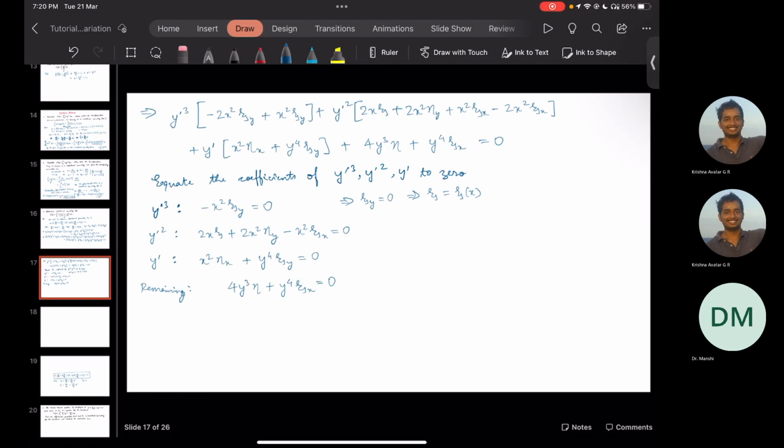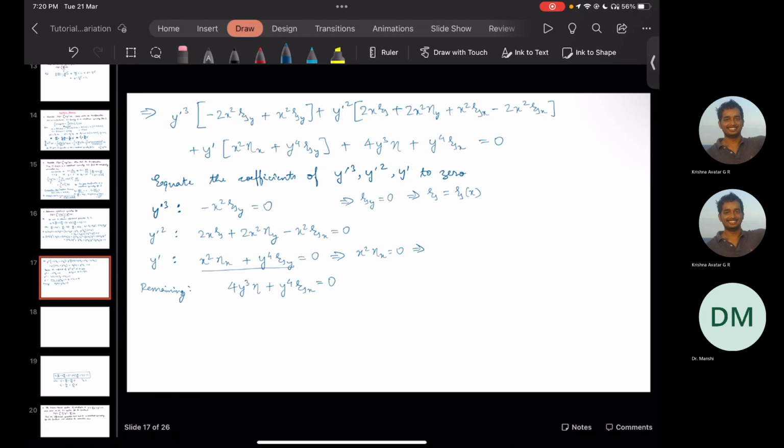Now let's look at this equation here. There is a term containing xi y, but we have already determined that xi y, the partial derivative of xi with respect to y, is 0. So this means that x squared eta x is equal to 0.